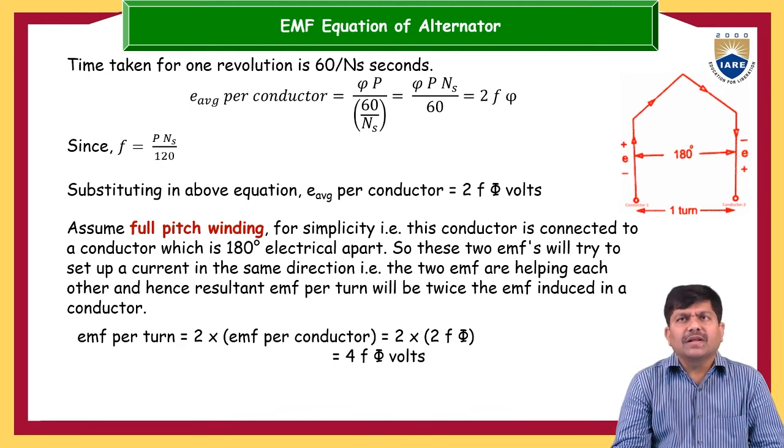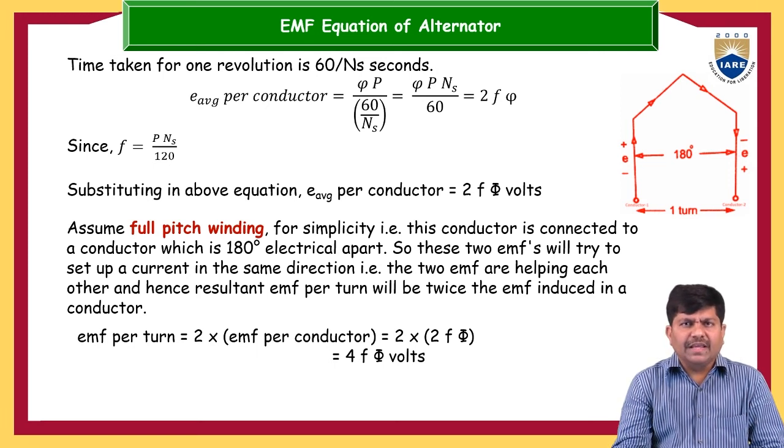So E average per conductor is equal to the total flux cutting divided by the time taken to complete one revolution. So φP by 60 by N, that is φP Ns by 60. We have taken Ns because the rotating speed is the synchronous speed.